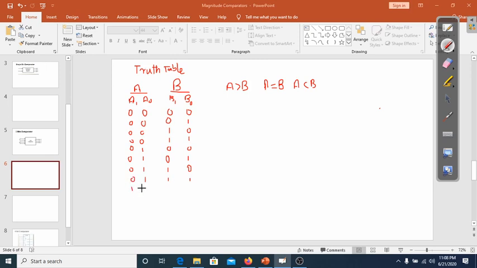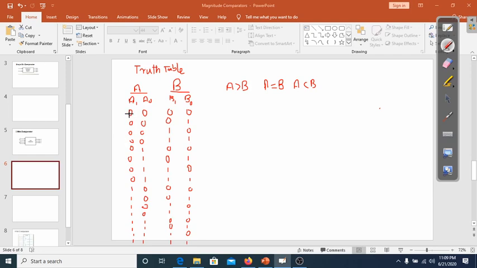The next combination is 1 0 0 0, then 1 0 0 1, 1 0 1 0, 1 0 1 1, then 1 1 0 0, 1 1 0 1, 1 1 1 0, finally 1 1 1 1.